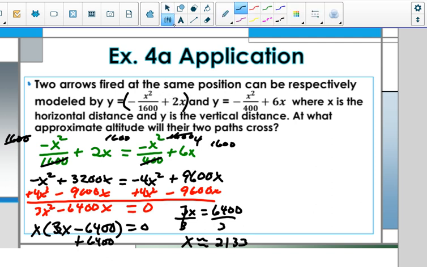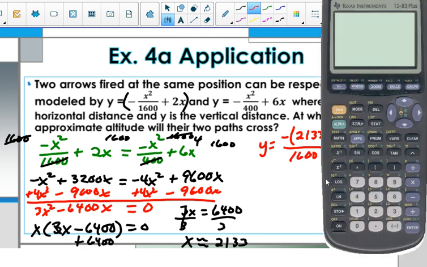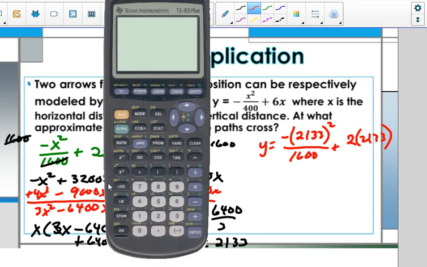So to do that, I have y equals a negative 2133, and I need to square it, divided by 1600, plus 2 times 2133. And that's going to give me the approximate vertical path distance. So I'm going to grab my calculator here and we're going to plug everything in. So turn it on, clear this here.